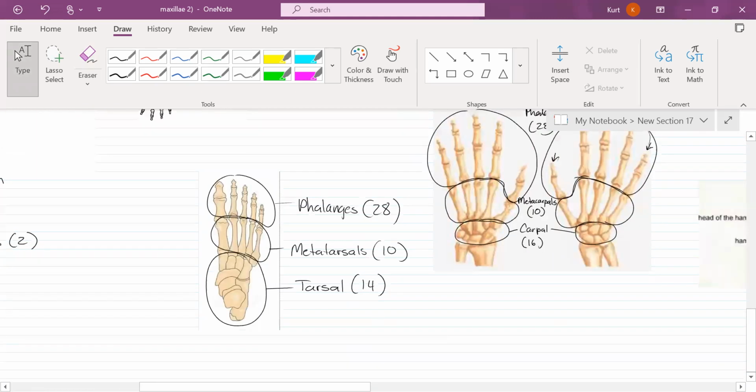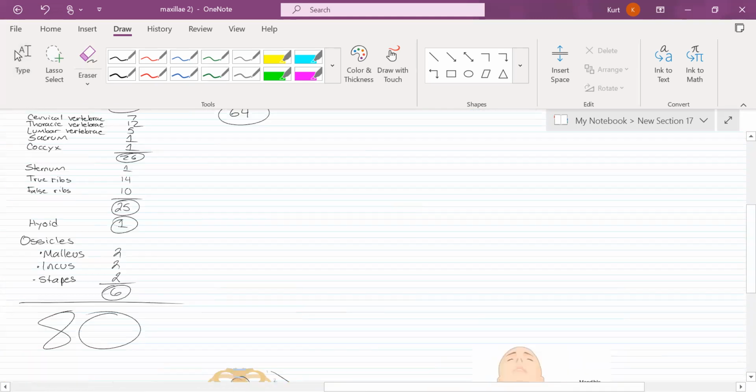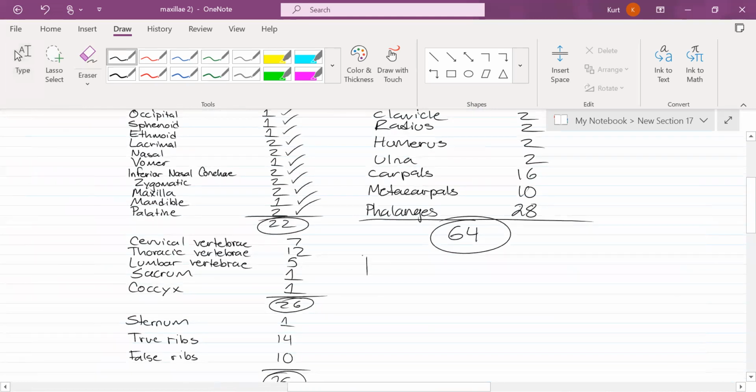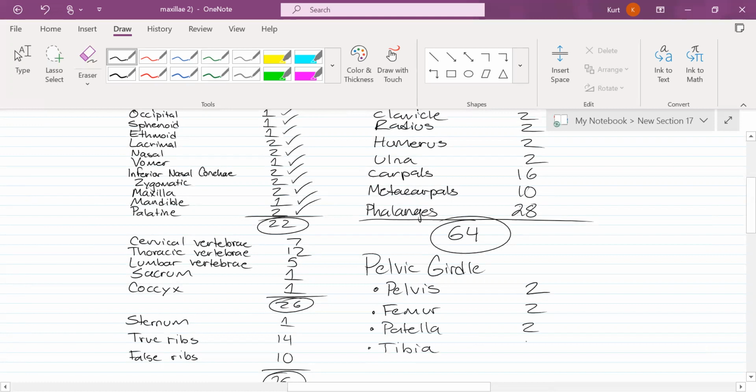All right. So let's add these to the list and do our final count. We have your pelvic girdle. Pelvis, how many bones? 2. Femur, how many? Patella, your kneecap. Your tibia, your large shin bone.